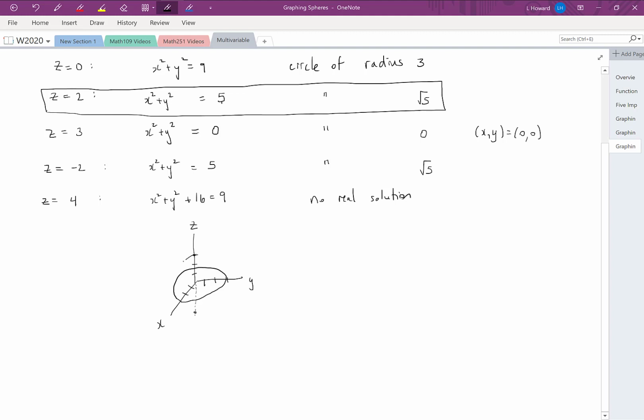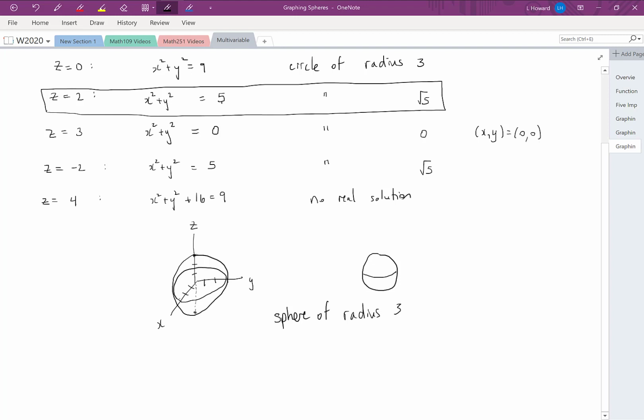So what we're producing here is actually a sphere. I'm going to draw the entire thing so that we can see it. So that's not the best looking sphere. Normally when I draw a sphere, I just try to draw a circle and then put a bit of a loop on it to give some perspective. So you could say this is a sphere of radius 3.